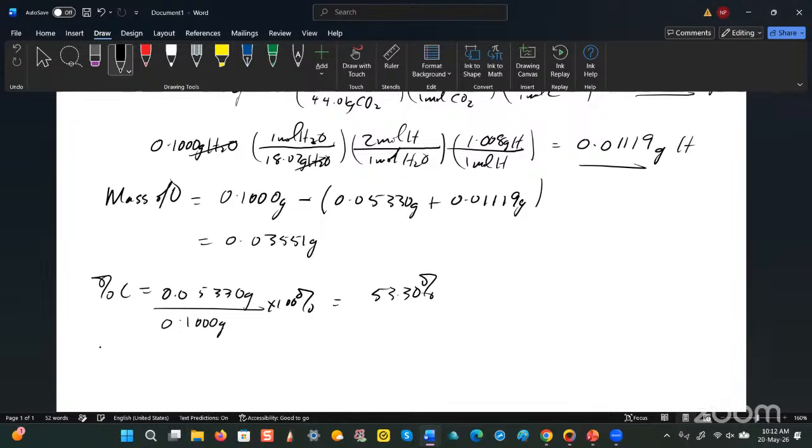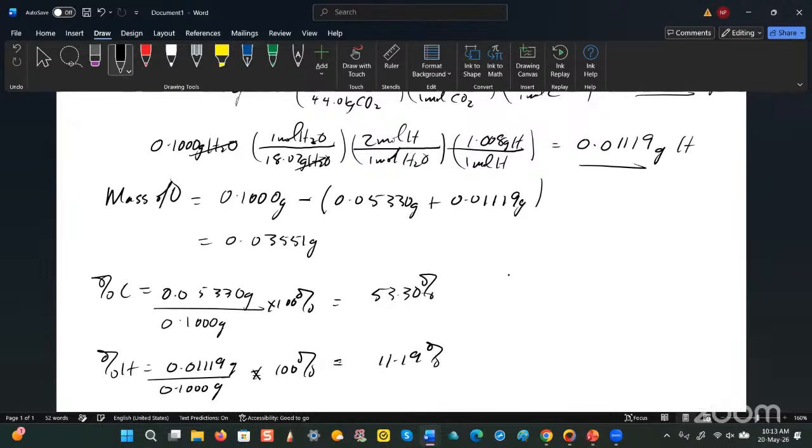And then we do a similar calculation for the hydrogen, which is 0.01119 grams divided by 0.1000 grams times 100%. And that would be equal to 11.19%.